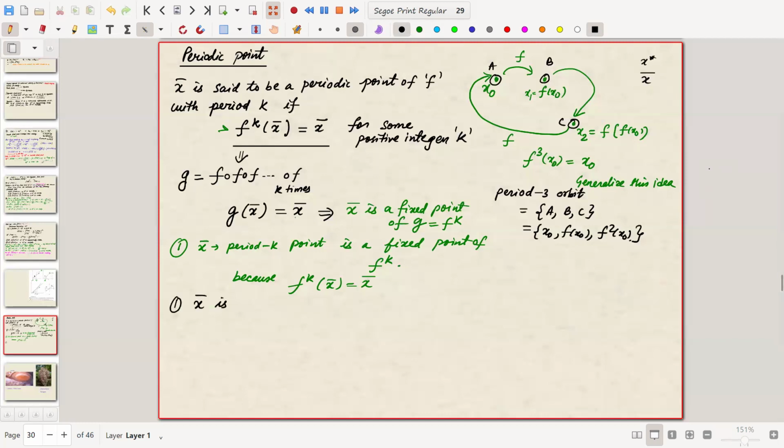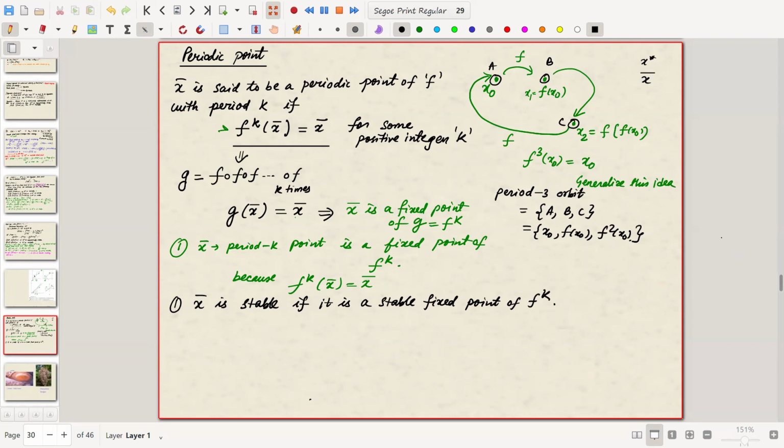First condition, x bar is stable if it is a stable fixed point of f^k, isn't it? That's how we use the analogy.